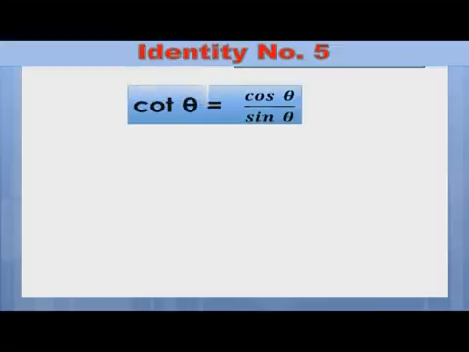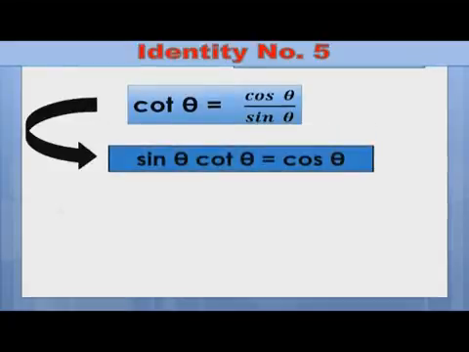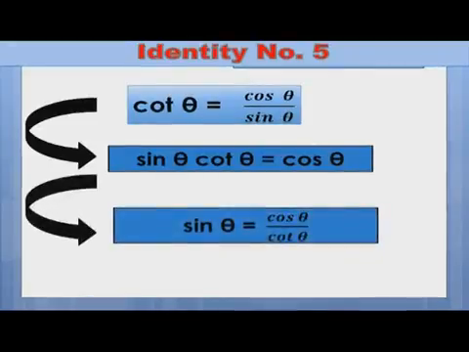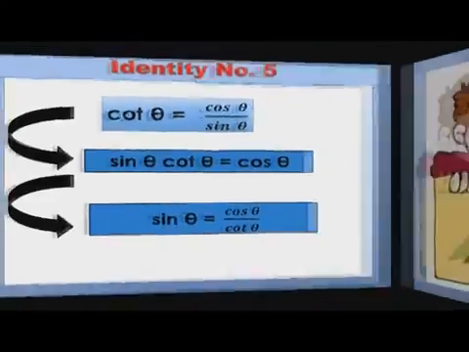Then the fifth identity is cotangent theta is equal to cosine theta over sine theta, which can also be written as sine theta times cotangent theta is equal to cosine theta. Another form, sine theta is equal to cosine theta over cotangent theta.